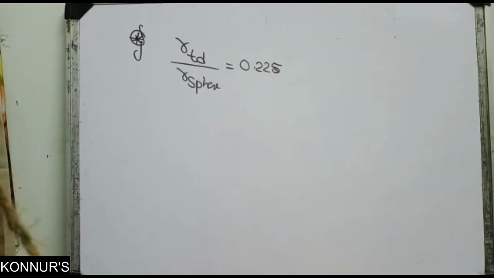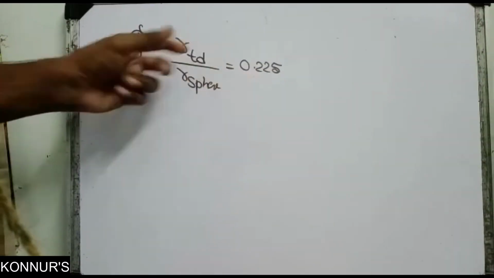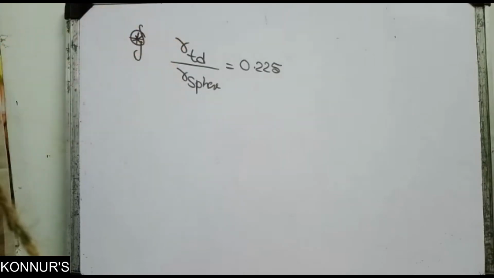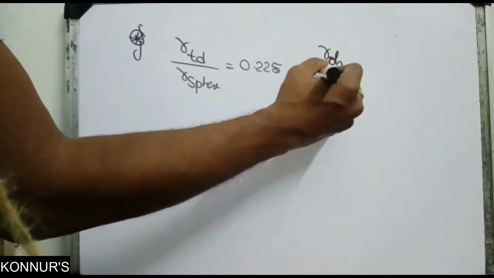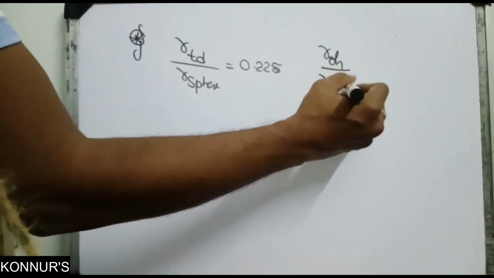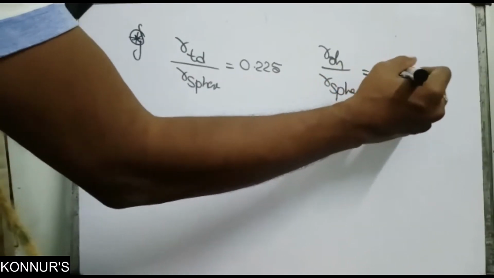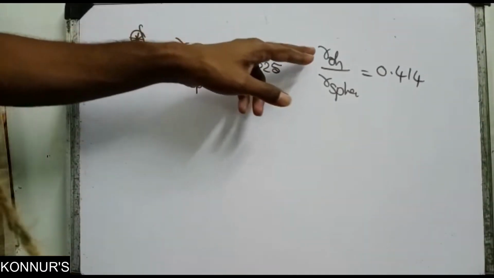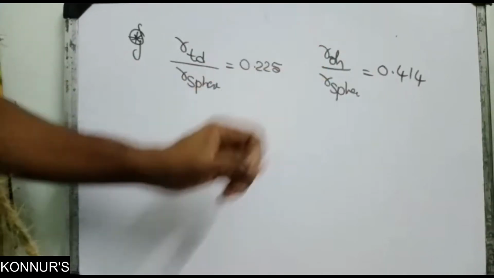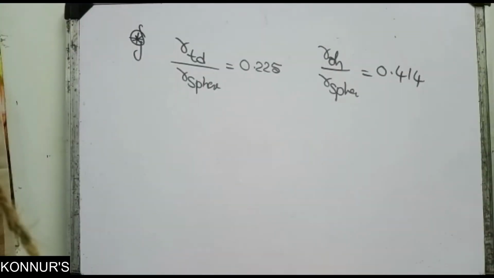This much radius ratio means it perfectly fits in the tetrahedral void. Next, octahedral void radius divided by sphere radius is 0.414. So the sphere and octahedral void ratio is this much, then only it perfectly fits into that gap.